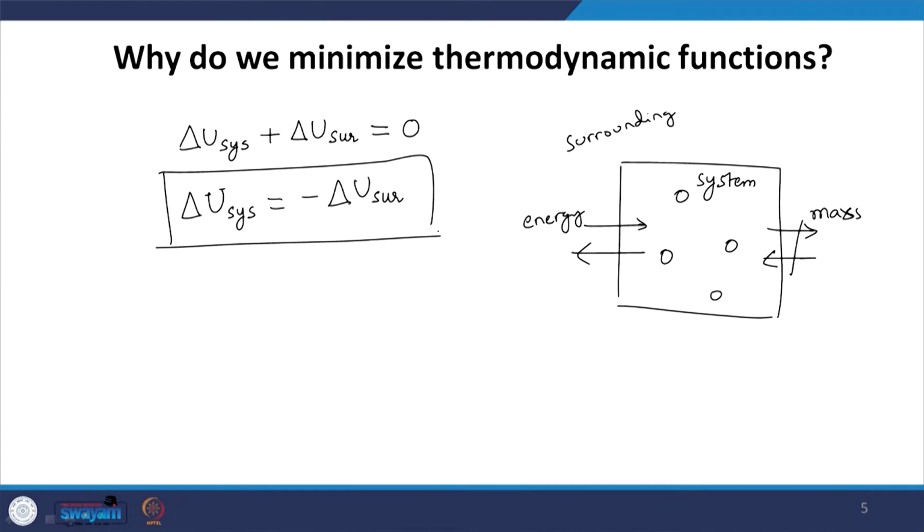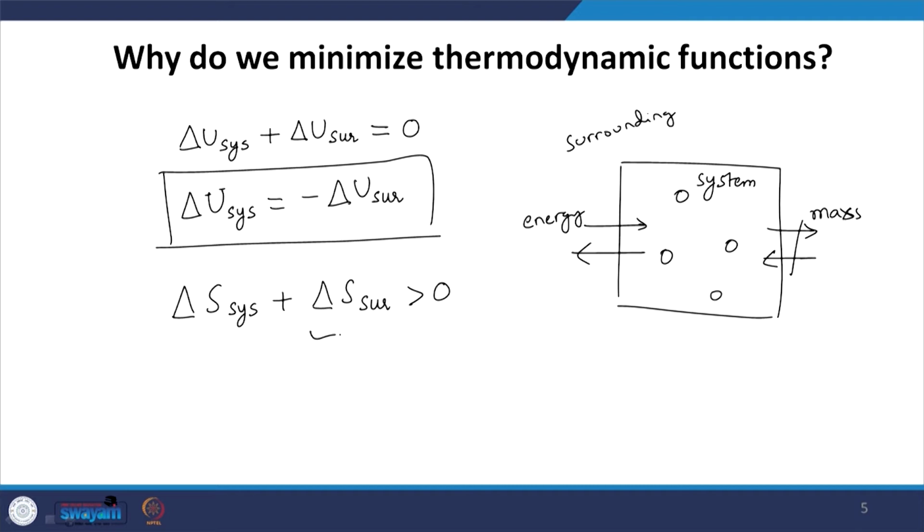So, in the earlier case, when we said that I write S as a function of U and V, I had the ability to control U, because U was not changing in the system. In this case, the U in the system can change, because the surrounding can add energy to the system or take energy from it. Okay? This is a very important point that comes into existence as soon as we are doing a closed system. Now, the second law tells me that delta S of system plus delta S of surrounding should be higher than 0.